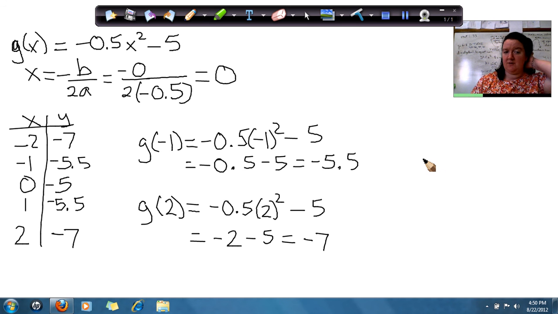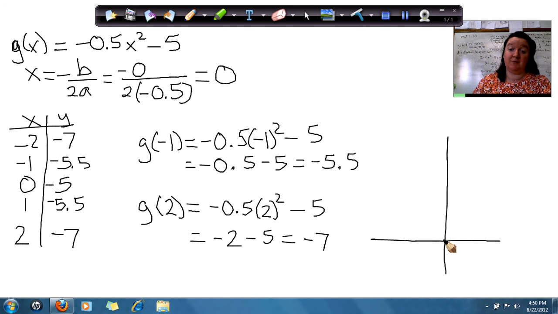So now let's graph our equation. This one is centered not on 0, 0, but on 0, negative 5. Actually, let's create the line at a different place. Because we are going negative, we're going to go down 1, 2, 3, 4, 5, and make our point for our vertex.